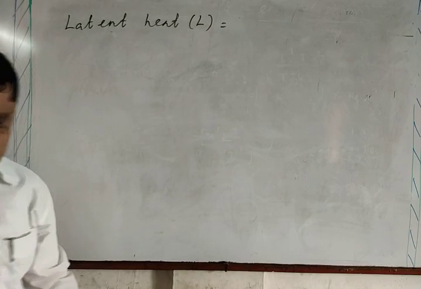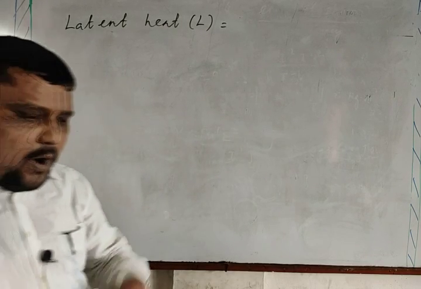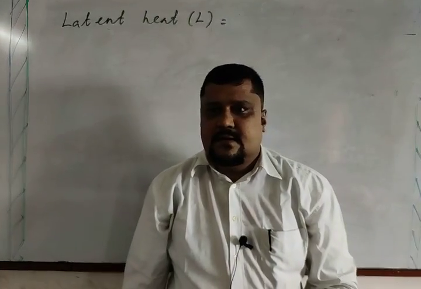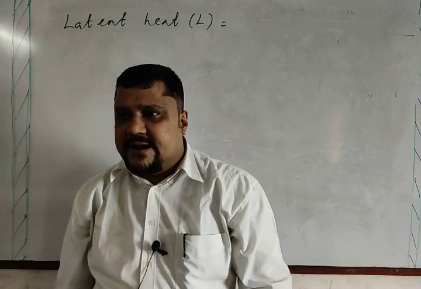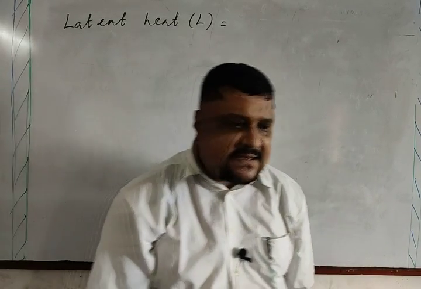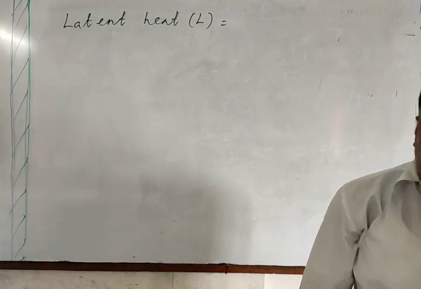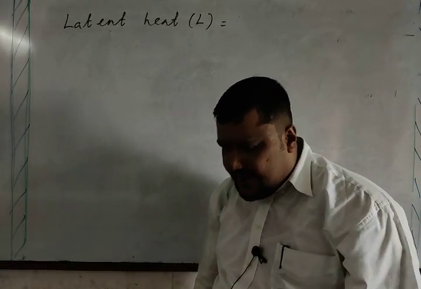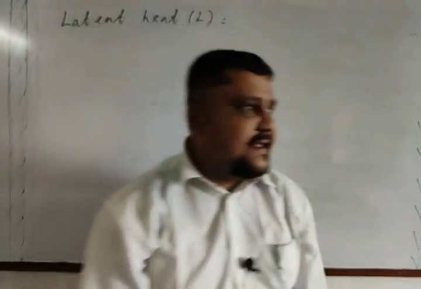So when a substance changes its state, take ice and heat it. If heat is given to ice, then the ice melts and becomes water. Ice is the solid state and water is the liquid state, so the solid changes its state to liquid. As you know, the ice melts at 0 degree centigrade.